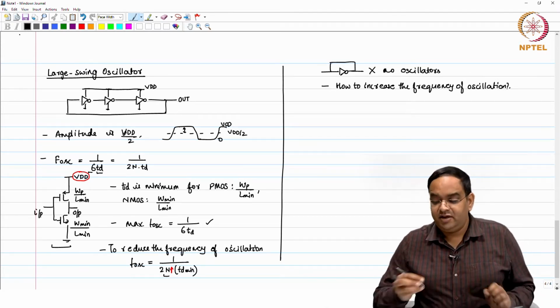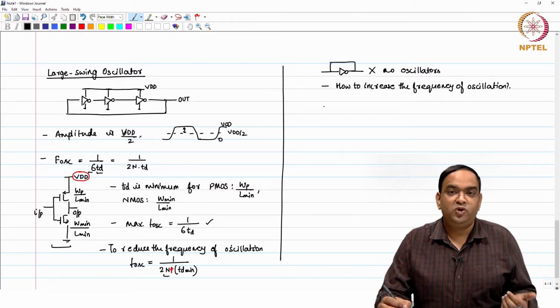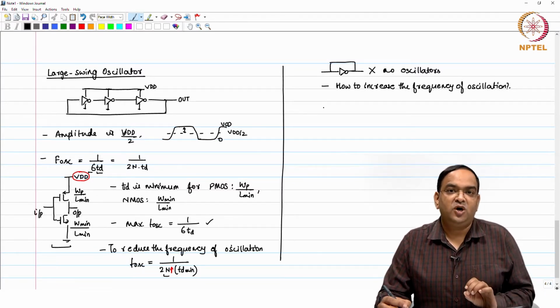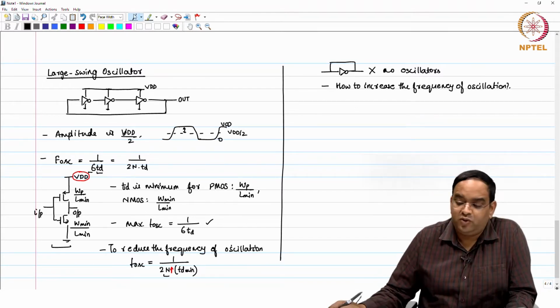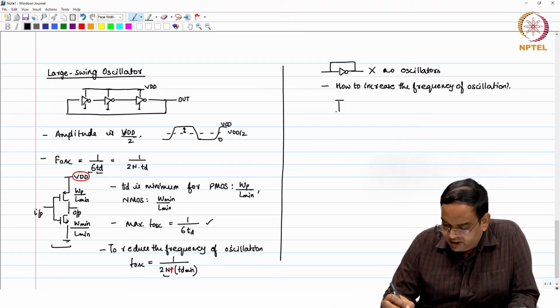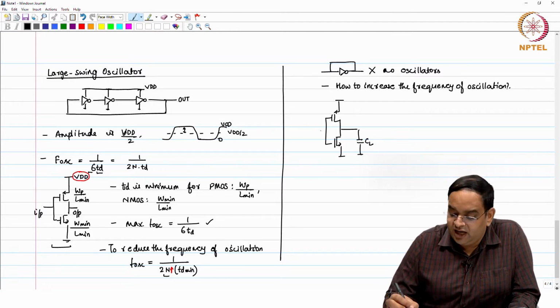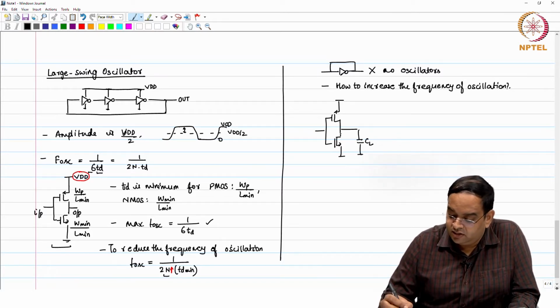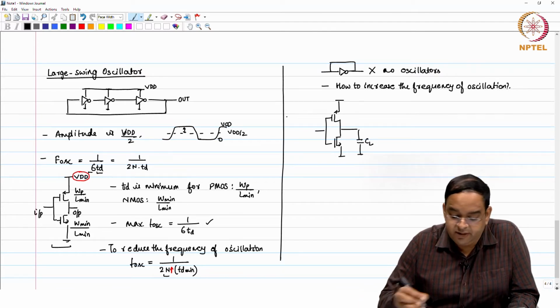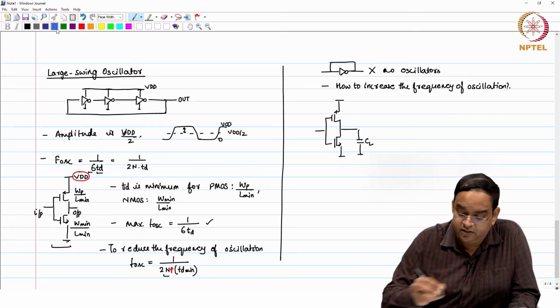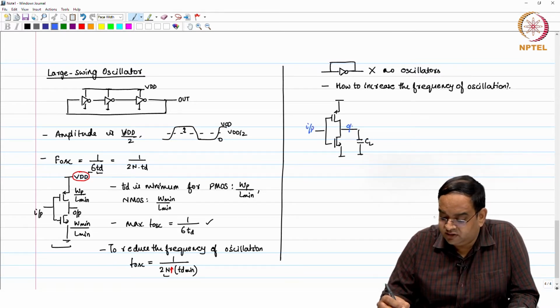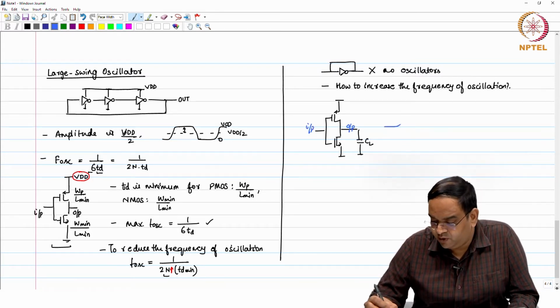Because the delay which we were considering from input to output depends on charging of the capacitor. When you have an inverter and a load CL, the frequency of oscillation depends on the input to output delay. This is input, this is output.